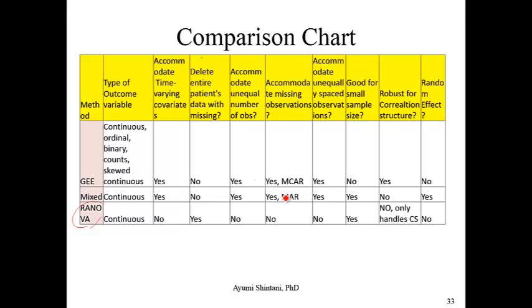Therefore, in RANOVA, if you have a missing observation, you can't include that patient's data, so it doesn't accommodate missing observations. In GEE and the mixed effect model, yes, you could have a missing observation, but the mixed effect model assumes missing at random, and GEE assumes missing completely at random, so the mixed effect model is more robust for missing data.